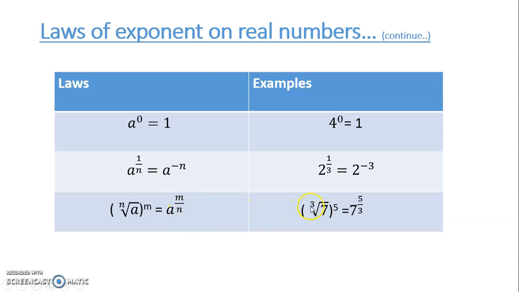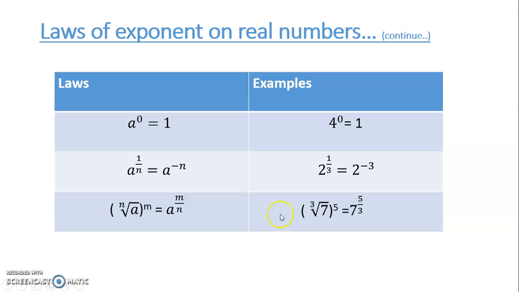See the example, cube root of 7 raised to the power 5. So this 3 goes in division. You already know that you have to remove this cube root. You have to take this 3 into the division only, and this 5 will remain here only. It will not go anywhere. This 3 will go in the denominator.